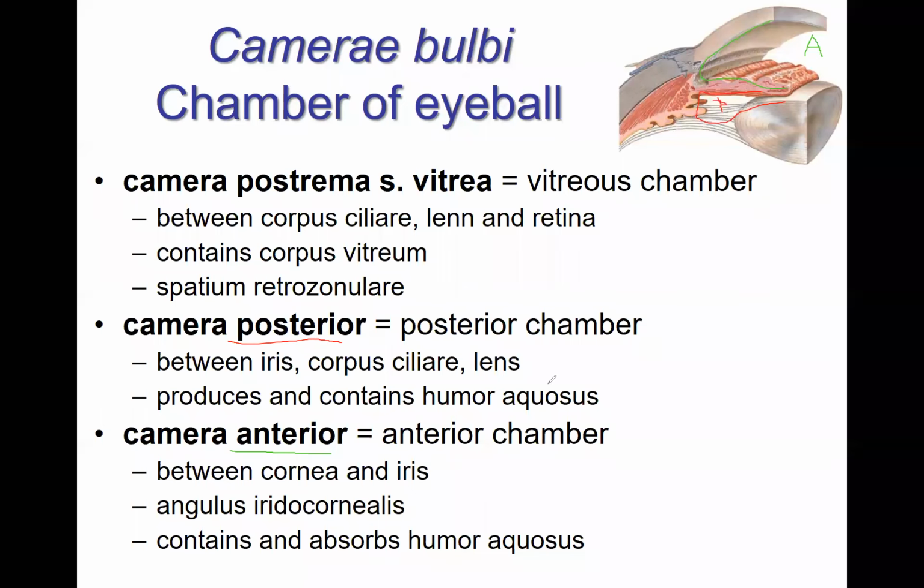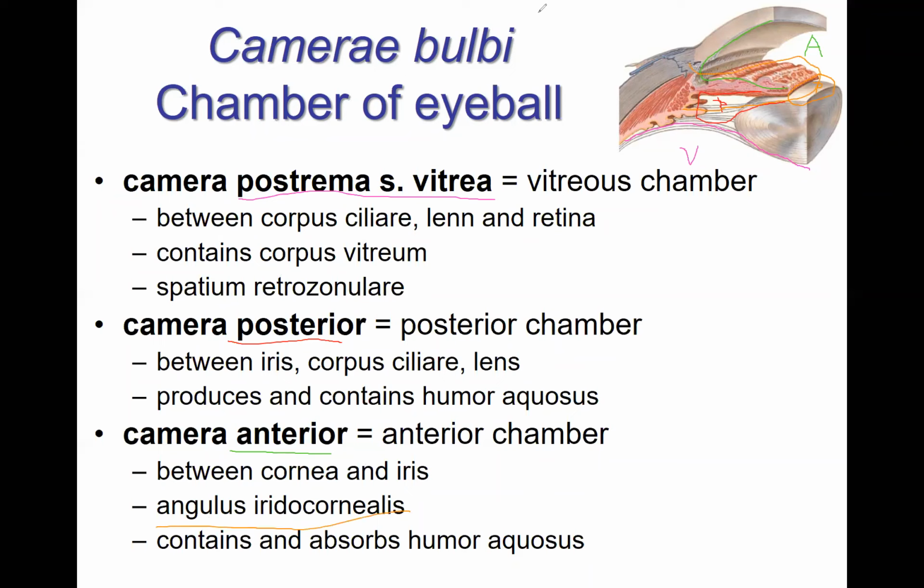What interconnects them is the pupil, which is here, yeah. So that's the natural connection. And then of course we have the postremal or vitreous chamber, which is here, contains the vitreous body. And as we said, the humor aquosus is produced by ciliary body, flows through posterior chamber, pupil, anterior chamber here into the structure which is called iridocorneal angle.